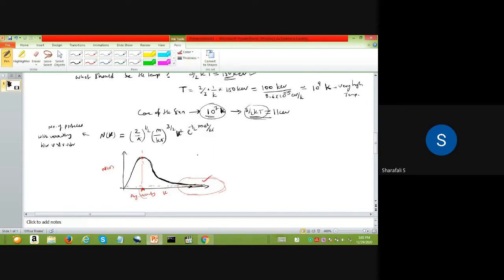That we can get from this Maxwell's distribution.